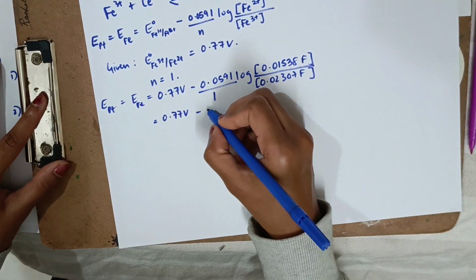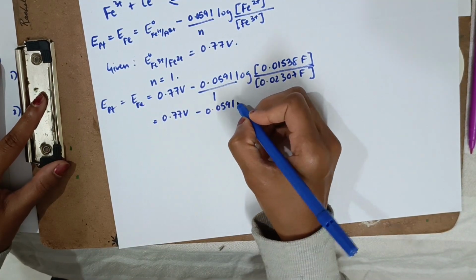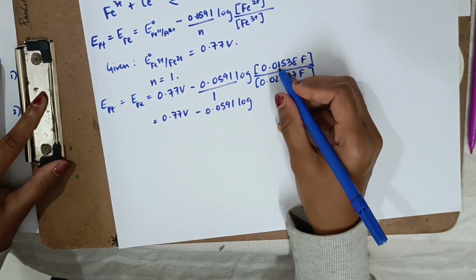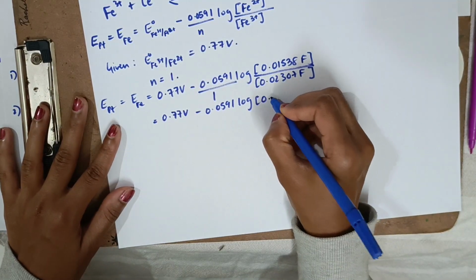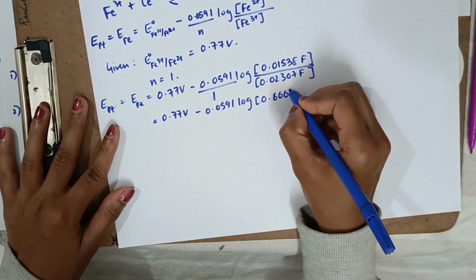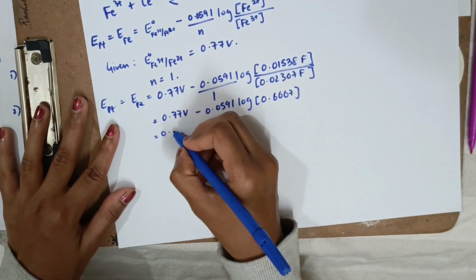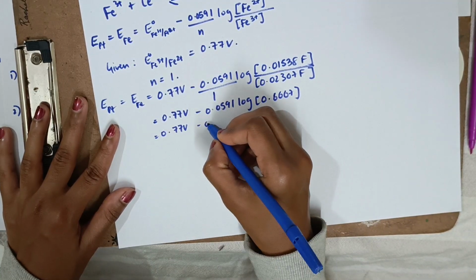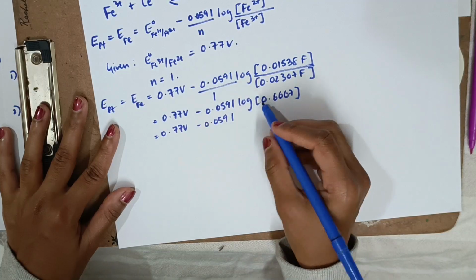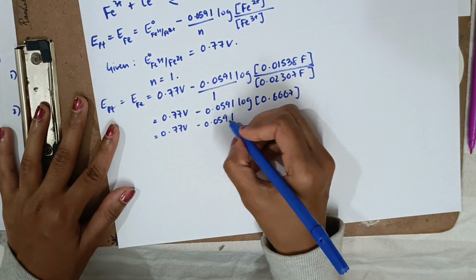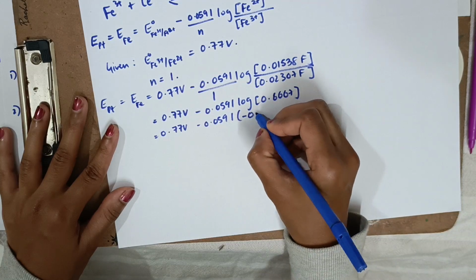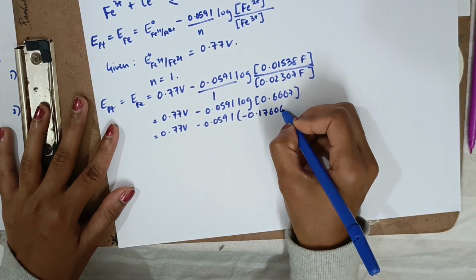Which is equal to 0.77 volt minus 0.0591 log of, when you divide these two terms, we get 0.6667, which is equal to 0.77 volt minus 0.0591 log of 0.6667, which is equal to minus 0.17606.